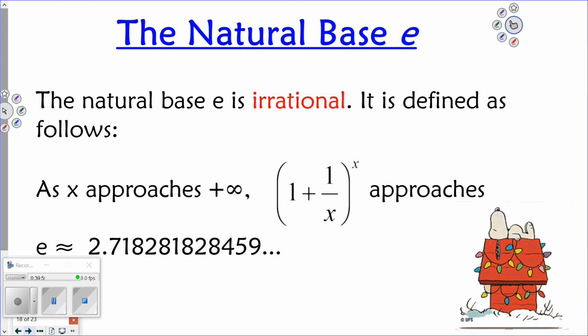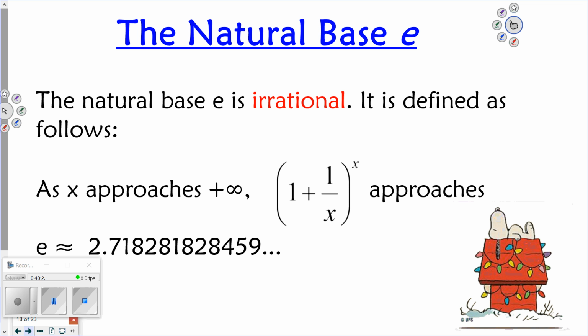The natural base e. Look on your calculator. On the graphing one, right next to the 4, there's a button that says LN. Look above it. It has a little e with an x for an exponent. LN stands for natural log. We'll get into that later this week.